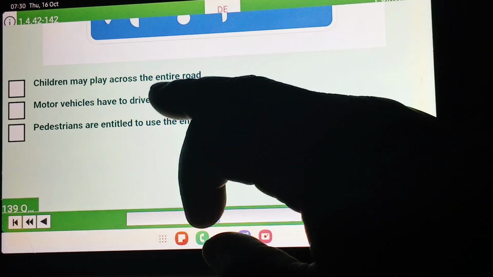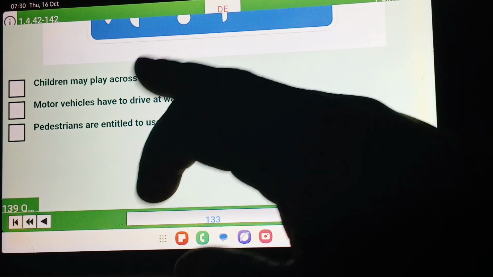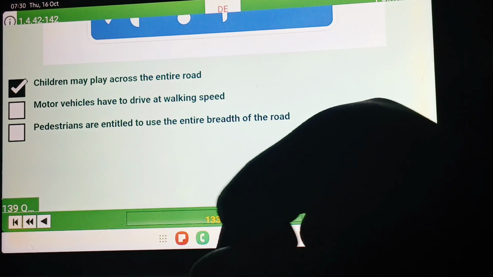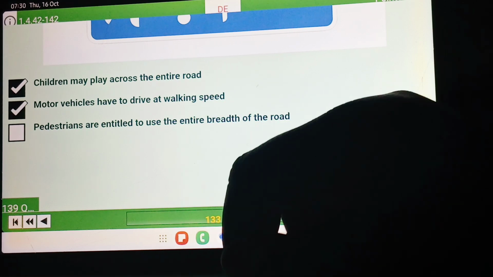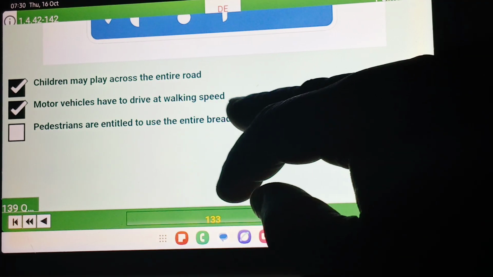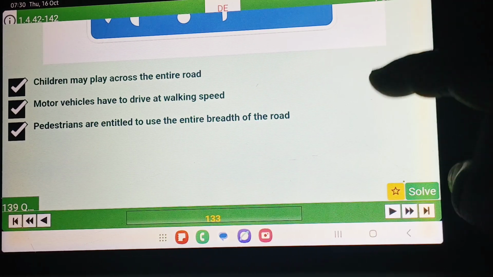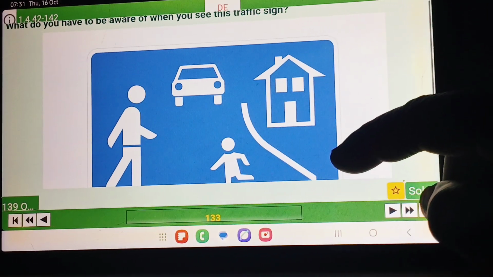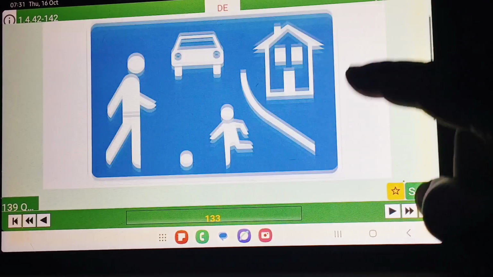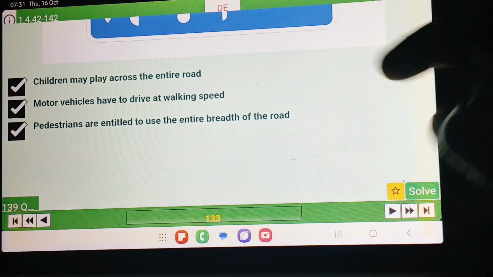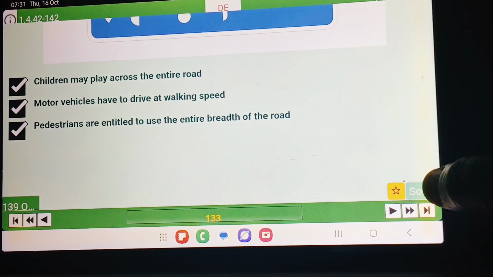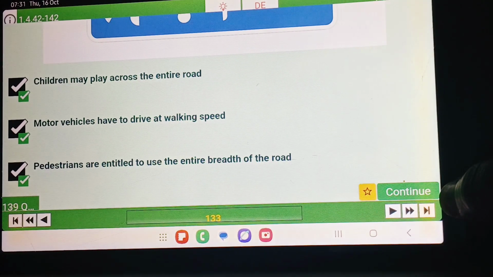Children may play across this road. Vehicles have to drive at walking speed. Pedestrians are entitled to use the entire breadth of the road. That's why it's called a traffic calming zone. There are houses, there are people, there are children. You have to be careful, okay.